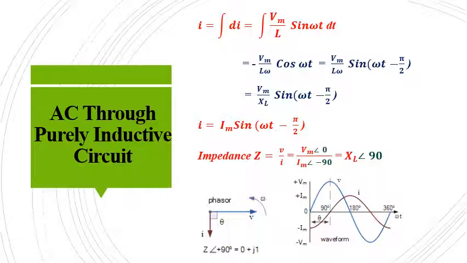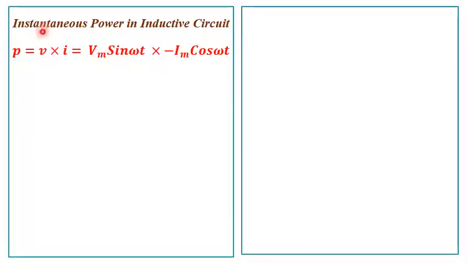Next, we can see the power consumed in an inductive circuit. So the instantaneous power consumed is always power equal to V into I. Substituting for V as Vm sin omega t and current I as minus Im cos omega t, we will be getting power as P equal to minus Vm Im cos omega t sin omega t.